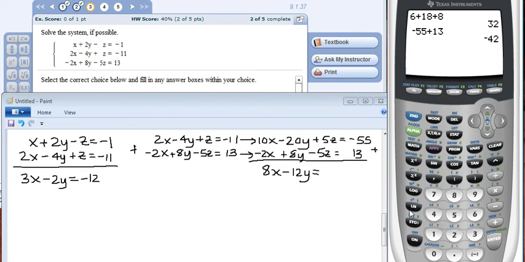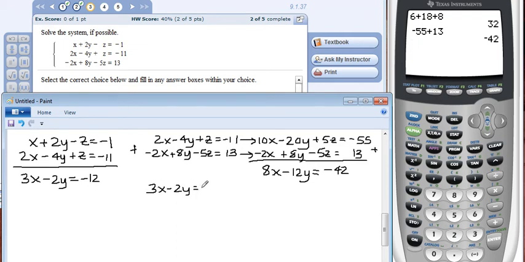Call me what you like. Negative 42. Oh, I could have done that one. It's getting toward the end of the day and my brain's fried. Okay, x and a y. X and a y. Doesn't that look like section 4.3? Yes, it does. So I'm going to bring these two together. 3x minus 2y equals minus 12. Did I say these were extra long?